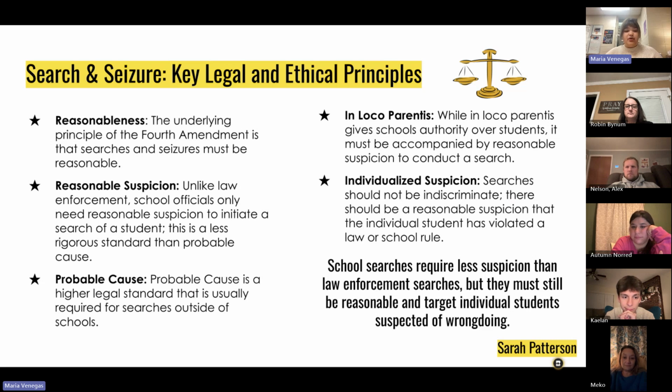In loco parentis grants schools certain authority over students, but with limits. There must be individual suspicion. Overall, school searches require less suspicion than law enforcement searches, but they must still be reasonable and target individual students suspected of wrongdoing.